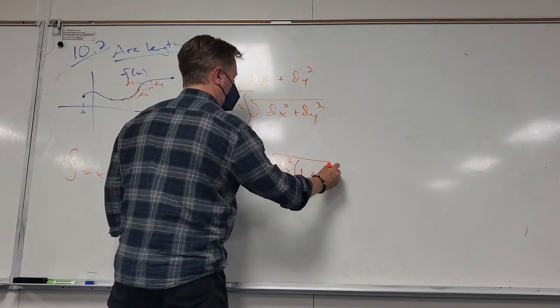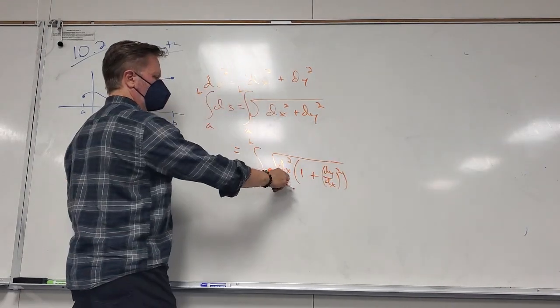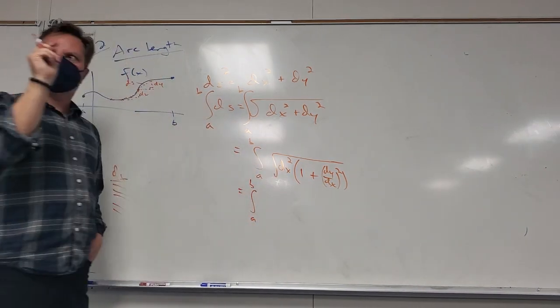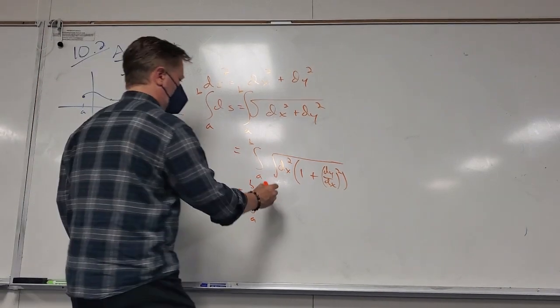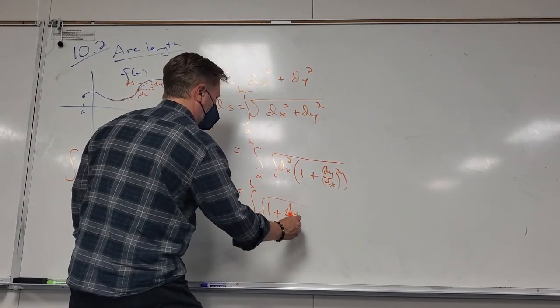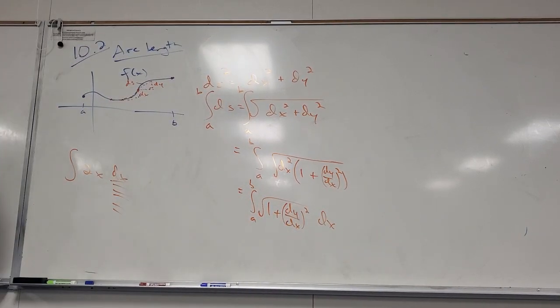Beautiful. All right, like that, right? What is the square root of dx squared? Yes. Understanding that dx is a positive movement, right? So its square root is just dx. And now I've got this. Now that looks like an appropriate integral.